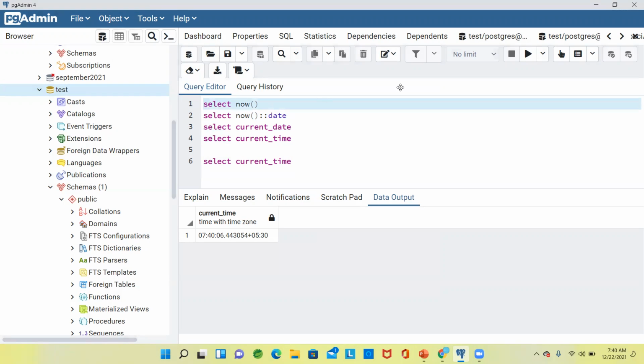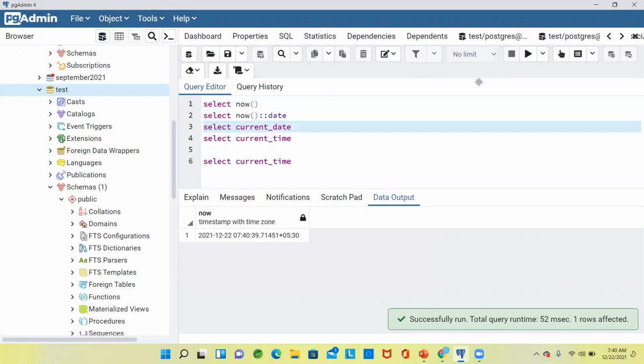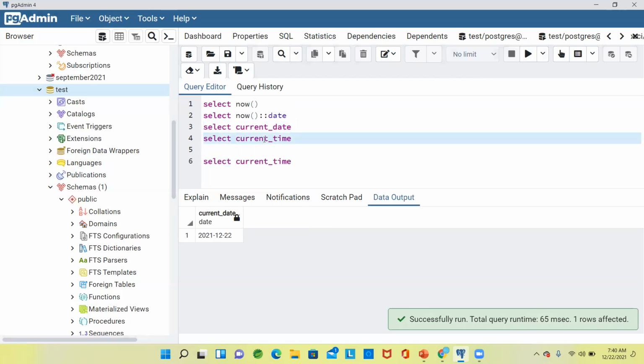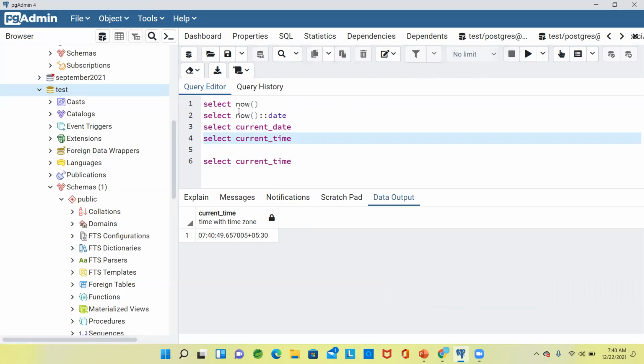First one I'm running. This one I ran. Next I ran this one. Next I ran this one. So what did you understand? Again I'll repeat.